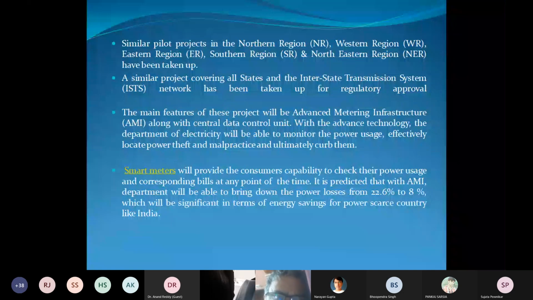Similar pilot projects in the northern region, western region, eastern region, southern region, and northeastern region have been taken up. A similar project covering all states. There are 28 states now, and the interstate transmission system network has been taken up for regulatory approval.